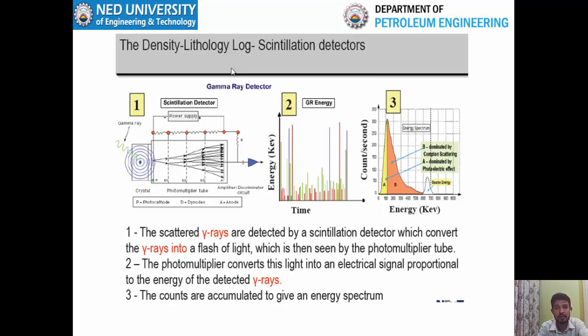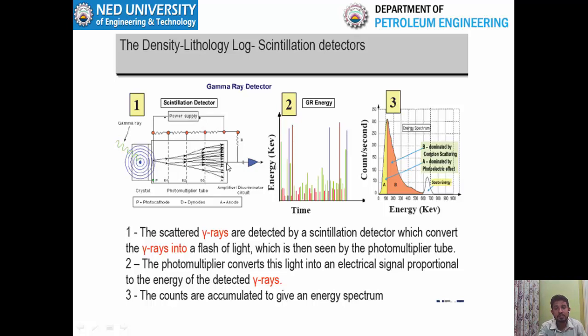Remember that the gamma rays first strike the scintillation crystal. When gamma rays strike that crystal, it produces a flash of light which is multiplied in the photomultiplier tube, and at the end of the photomultiplier tube, an electrical signal is generated, and that is the signal that is recorded at that particular depth.